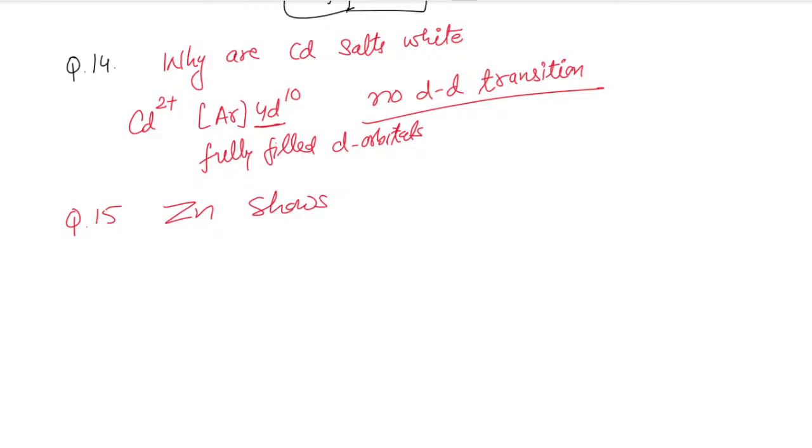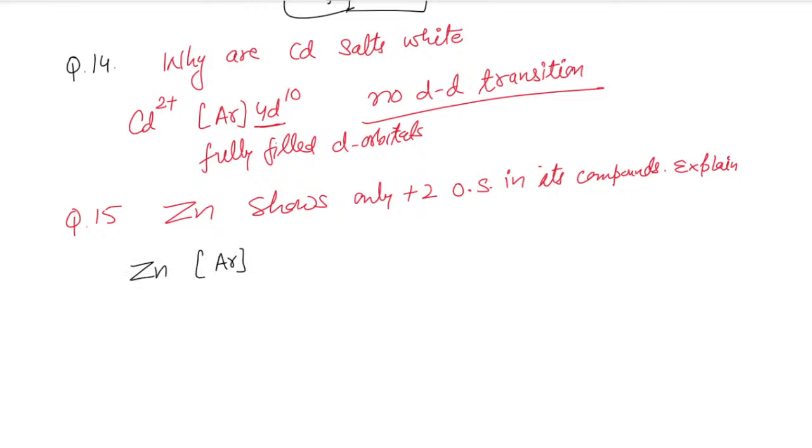Zinc shows only +2 oxidation state in its compounds. Explain. What is the reason? Because, see, zinc is argon 3d10 4s2. After losing 2 electrons, it becomes 3d10.